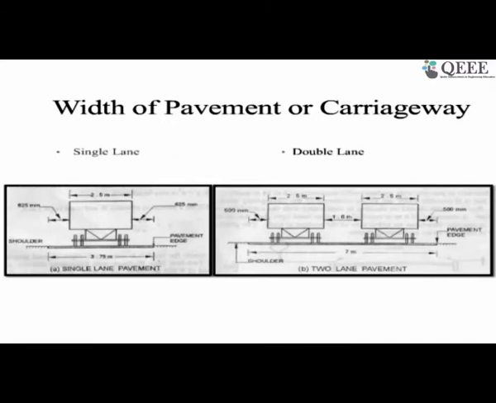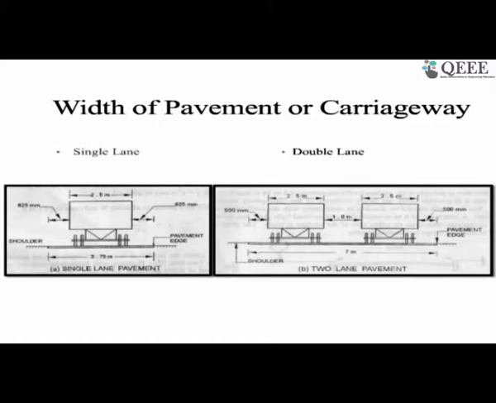So now the other component of this is the pavement width or the carriageway width. How do we decide this? It is coming from the vehicle characteristics. Yesterday, if you recall, we said we need to understand our design vehicle, the vehicle which is going to use our facility. In general the vehicle width is considered, particularly of the bigger size truck, and the standard width is almost 2.5 meter.